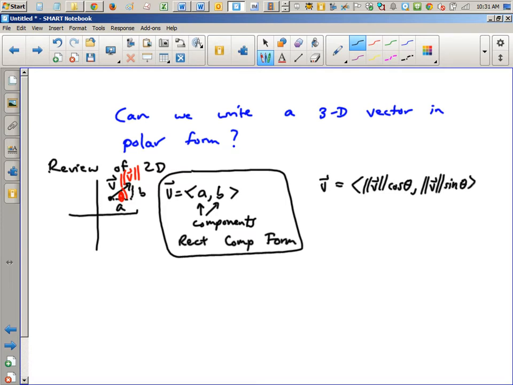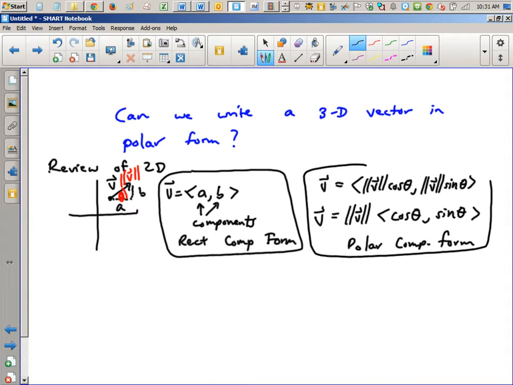But most people actually bring the V outside, and they write it like this. Although I've seen people leave it inside too. So these are still components. They're still the run and the rise, but it's a polar form. So this is polar component form. And I don't care if you leave the V outside or put the V inside. That doesn't matter too much.